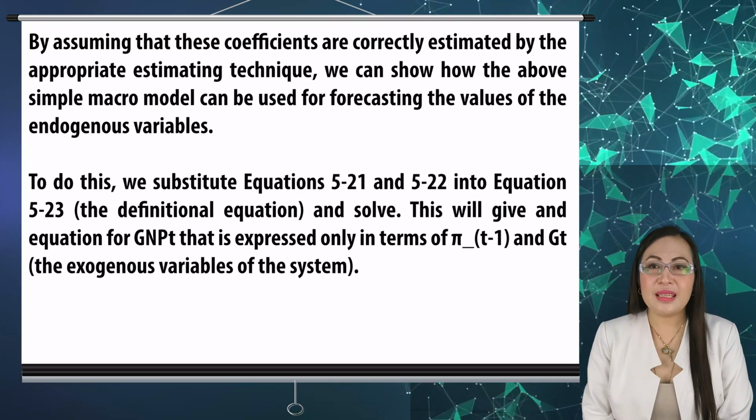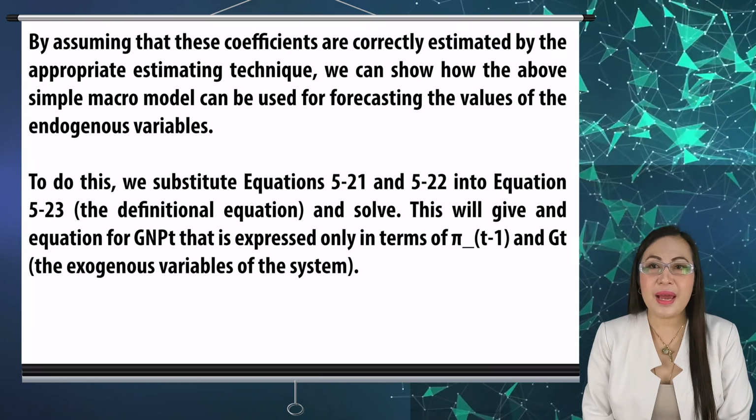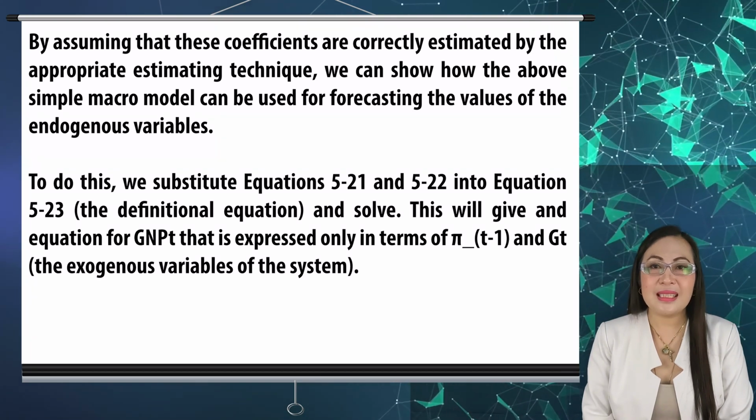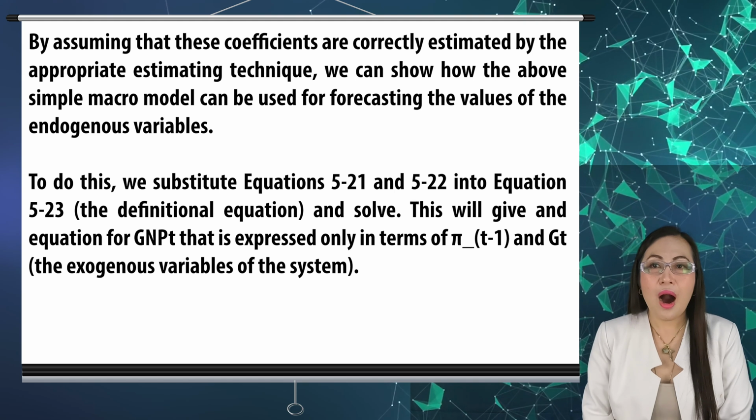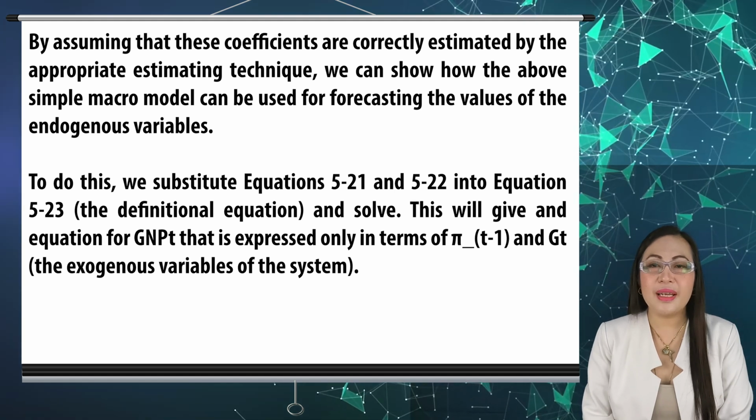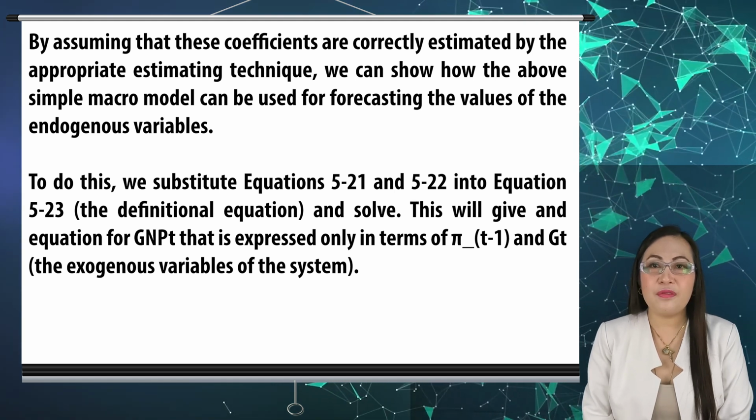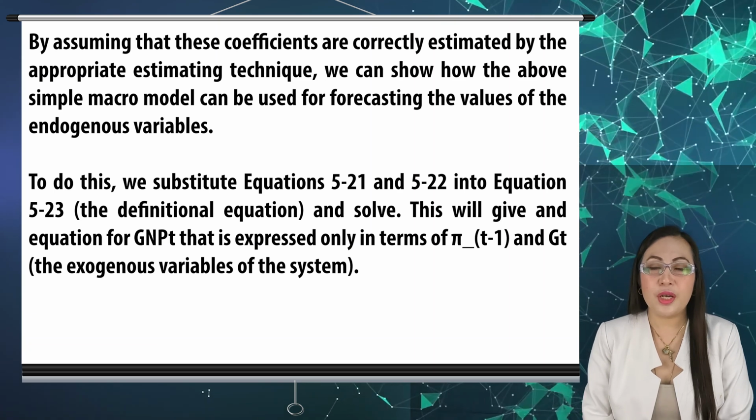By assuming that these coefficients are correctly estimated by the appropriate estimating technique, we can show how the above simple macro model can be used for forecasting the values for endogenous variables.